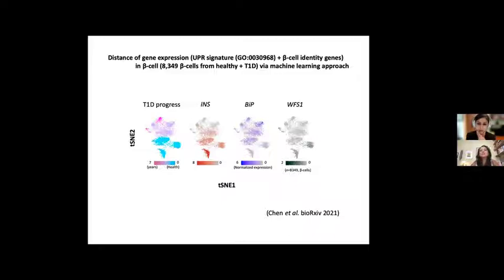If we look at expression of the insulin gene, the bottom group has a higher level of expression, while BiP, which is more a sensor of stress, of the UPR, is more with the disease development. WFS1, which is an adaptive gene, increasing during adaptation to chronic ER stress, is more with the healthy individuals.